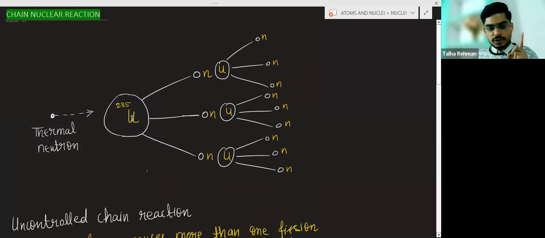Only one fission of uranium-235, and here fission of 3 uraniums, and here the fissions of 9 uranium will take place. So basically this will become a chain reaction. Here 1 fission, 3 fission, 9 fission, 27 fission, 81 fission, and so on.